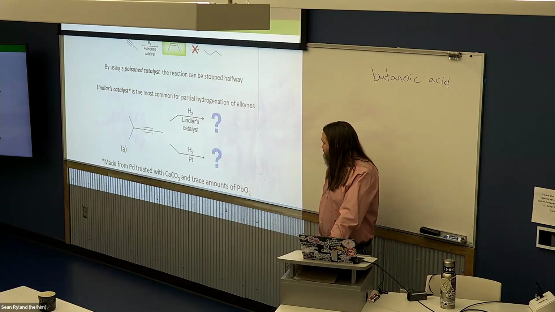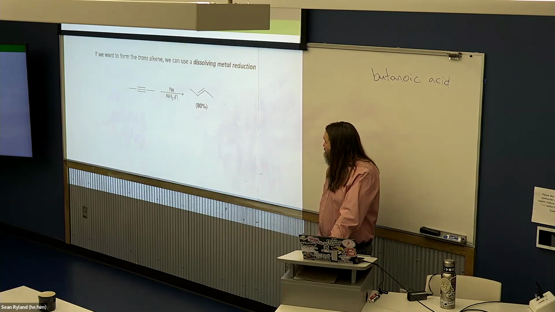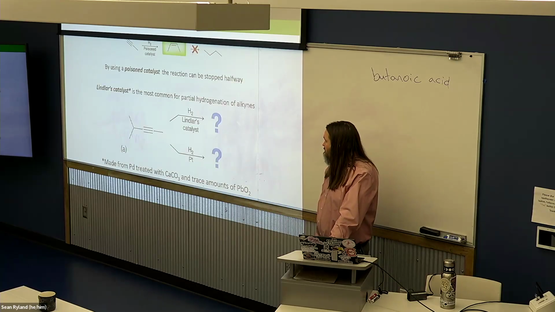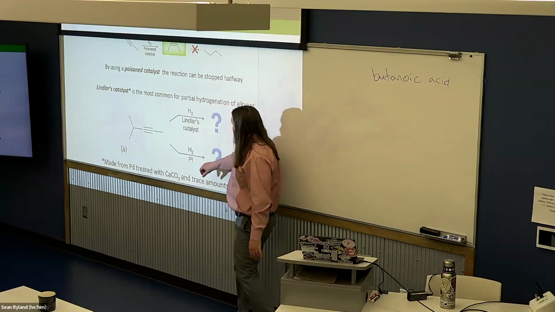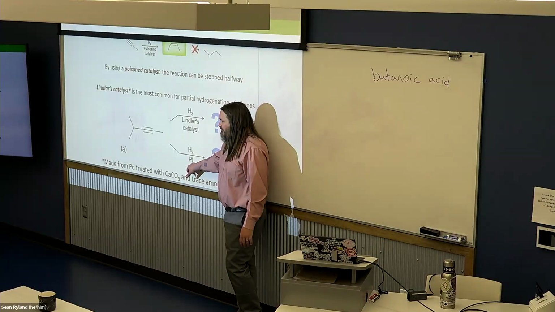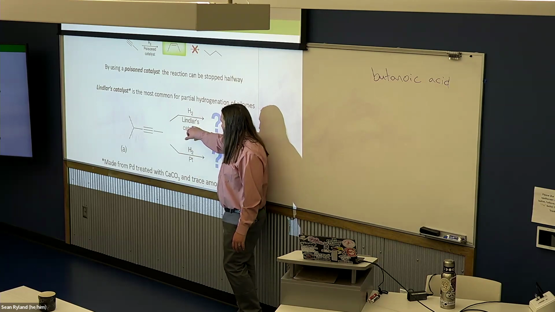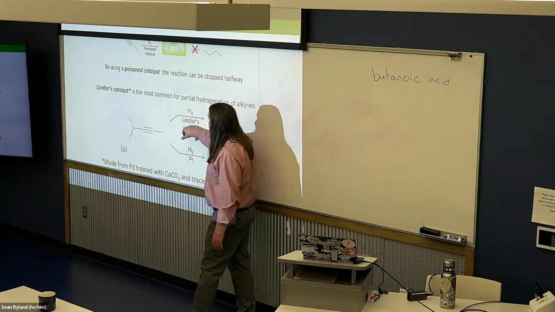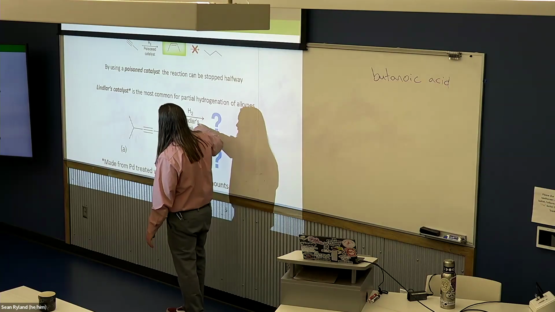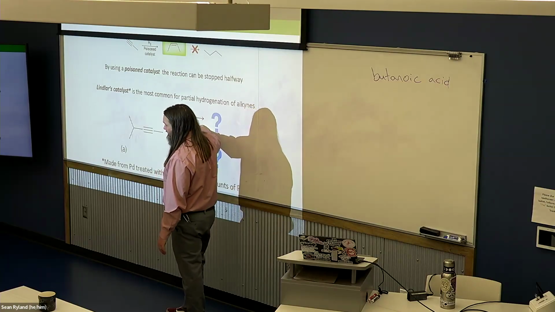So either platinum, if it's complete hydrogenation, it'll be platinum. If it's partial hydrogenation and you're making the cis product, it's Lindlar's catalyst.